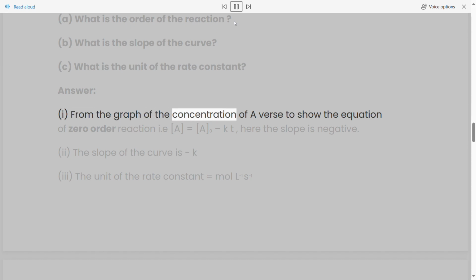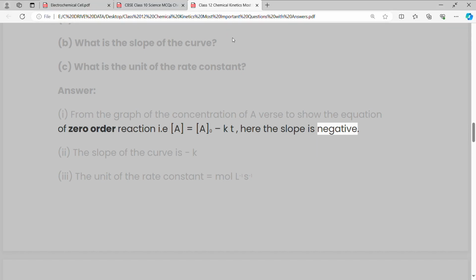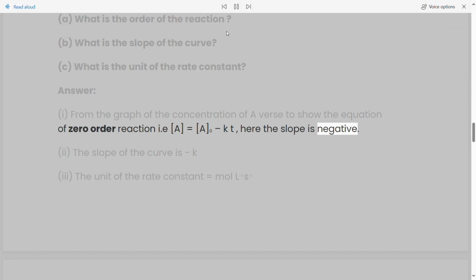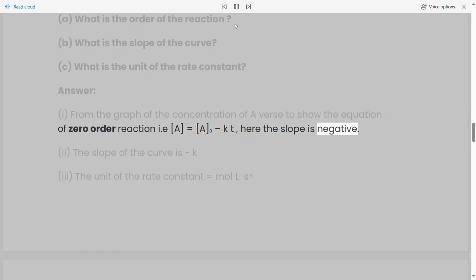The graph of the concentration of A versus time shows the equation of a zero-order reaction, i.e. [A] = [A]0 - kt. 2. Here the slope is negative; the slope of the curve is -k. 3. The unit of the rate constant is mol L^-1 s^-1.